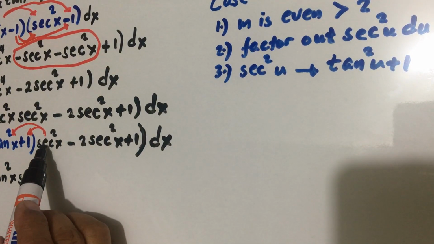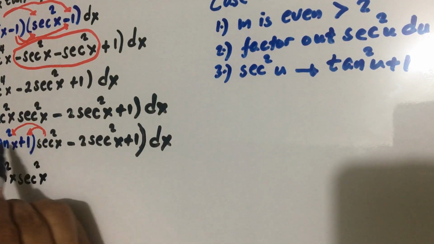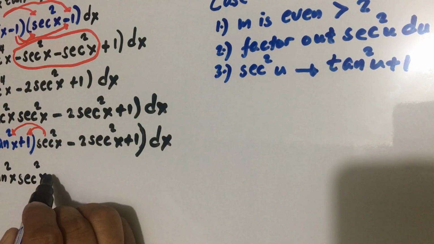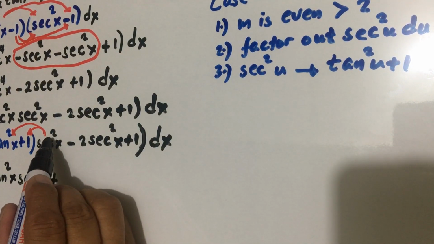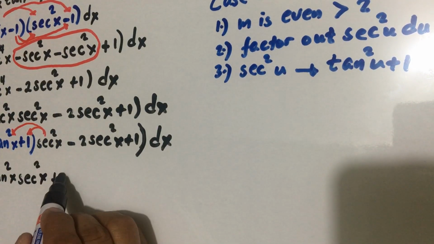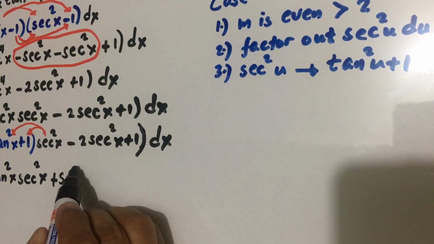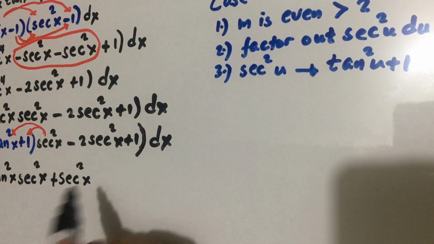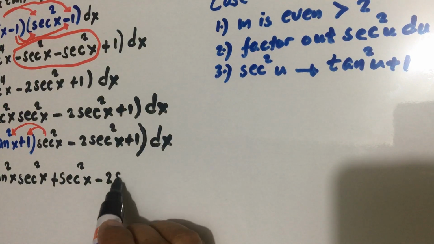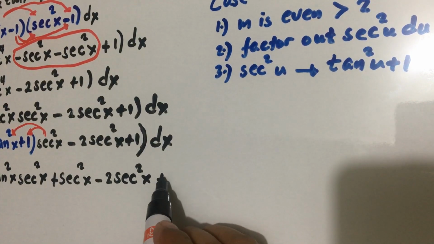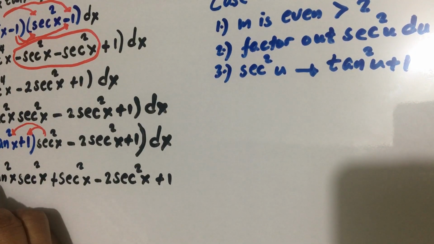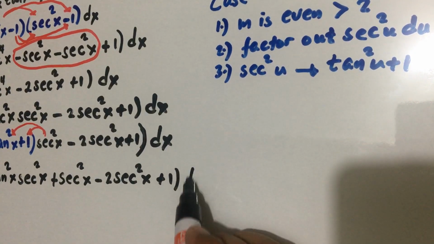Okay, that is for the first term. Then plus we have this one, secant squared x times 1, so that is secant squared x. Then minus 2 secant squared x, then plus 1, then the whole thing is multiplied by dx.